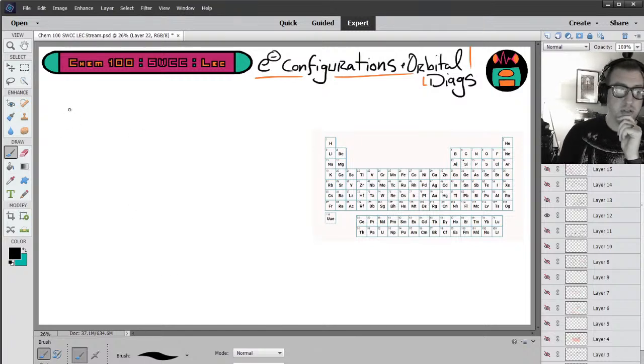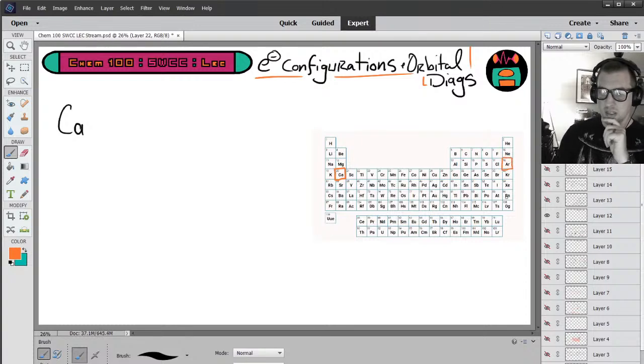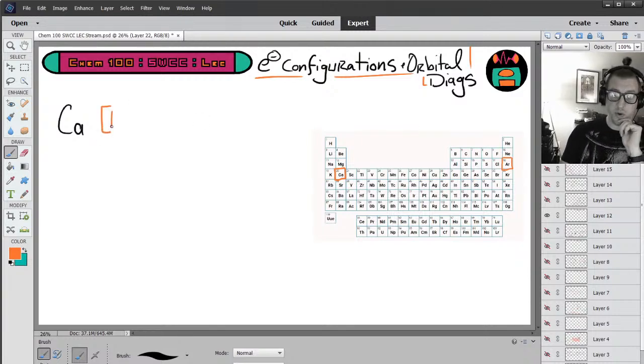Let's do calcium. Calcium is right here. It's number 20. And argon's our nearest noble gas with fewer electrons, so we'll throw argon in a bracket. We have to find our period.